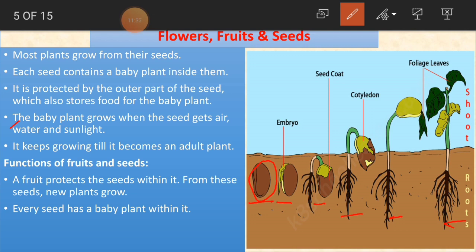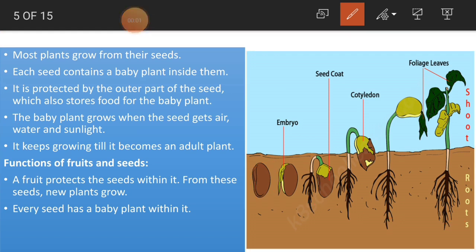Then it starts growing. It keeps growing, children, till it becomes an adult plant. See here, a small seed started growing from this stage to this big adult tree.